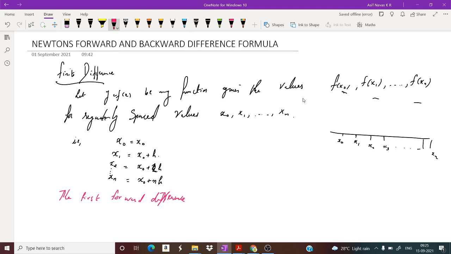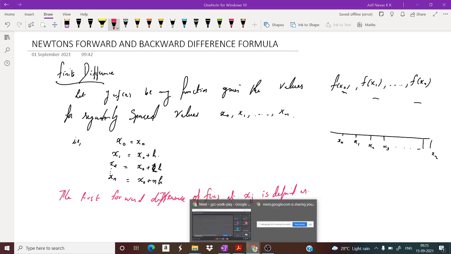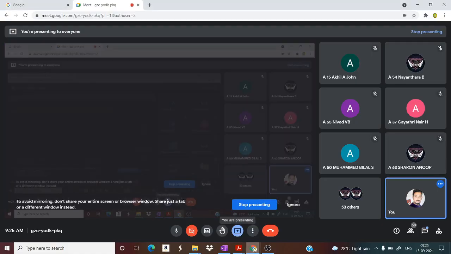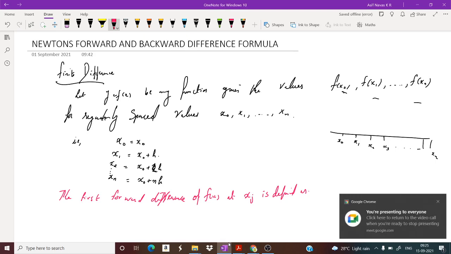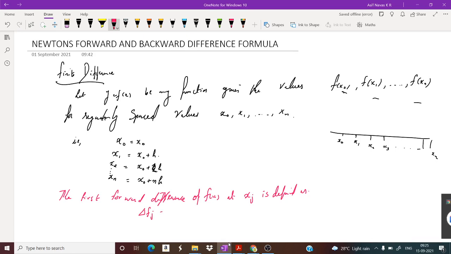The first forward difference of f of x at point xj is defined as delta fj. We will denote delta fj is equal to fj plus 1 minus fj. That means fj means simply f of xj.